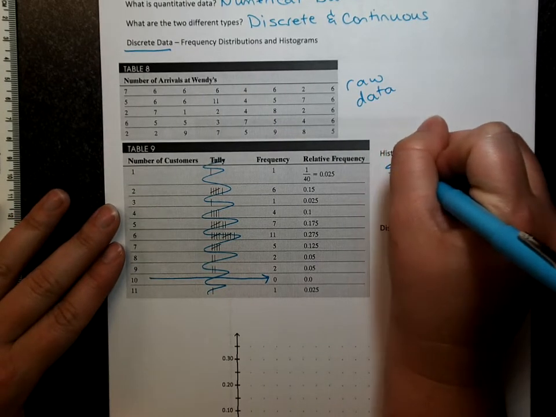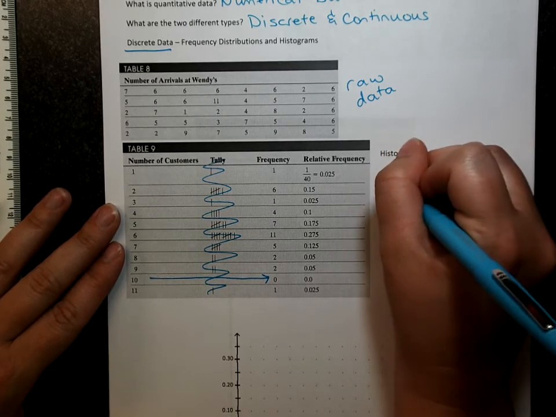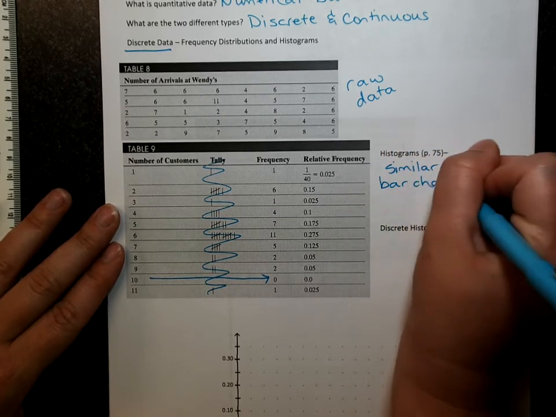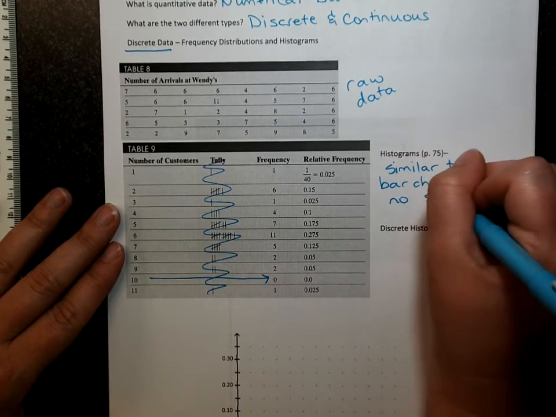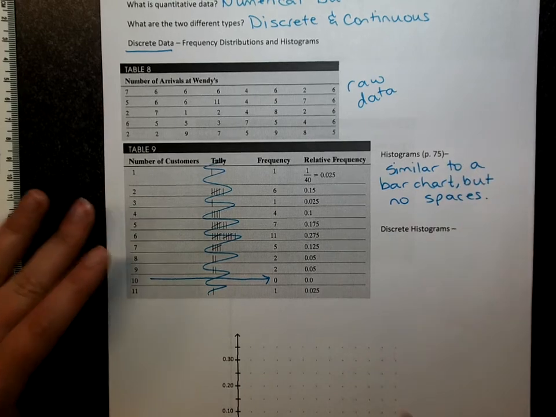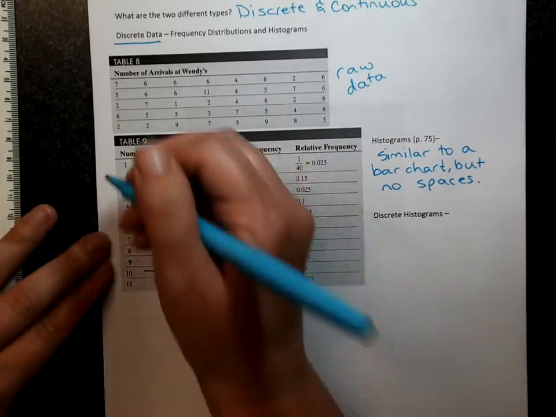So histograms are similar to bar charts, but without the spaces. We talked about for a bar chart, the categories can go in any order.